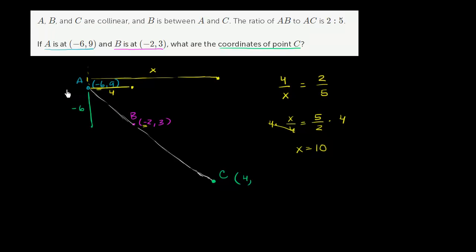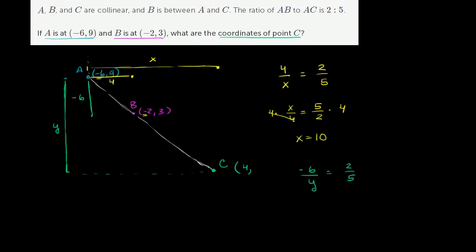Now, our change in y is going to have that same ratio. So our change in y between A and C, let's just call that distance y. We're going to have the same ratios. So the ratio between our change in y from A to B, which is negative 6, to our change in y from A to C, negative 6 to y, is once again going to be equal to 2 to 5.